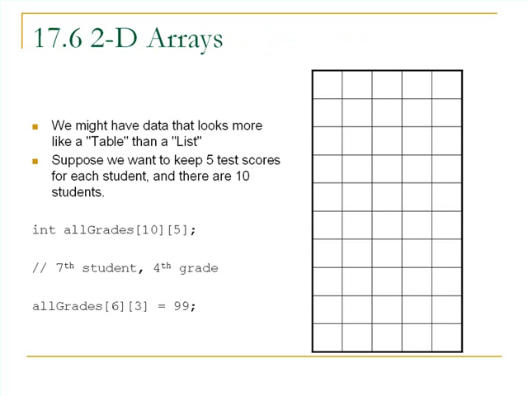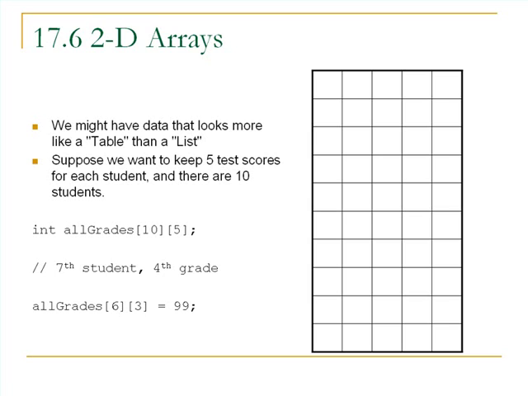I'm going to introduce the concept of two-dimensional arrays here. This might be just a little bit advanced for this class, but we'll have a look anyway. An array that has one dimension is sometimes called a list, and an array that has 2 dimensions is sometimes called a table. So a table is a two-dimensional array, and we would think of these as rows and columns.